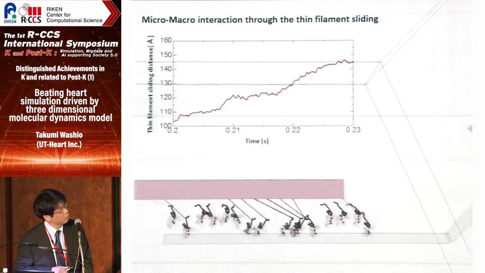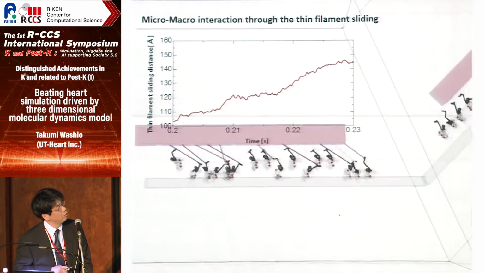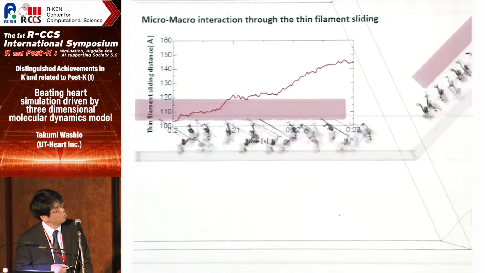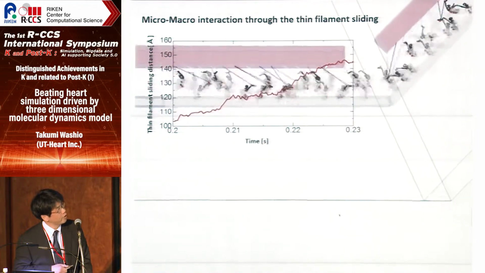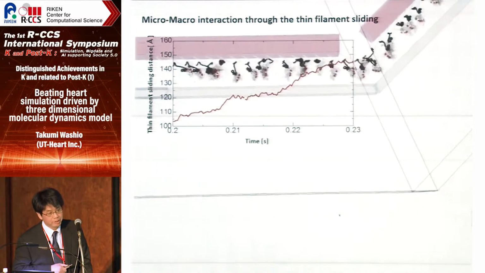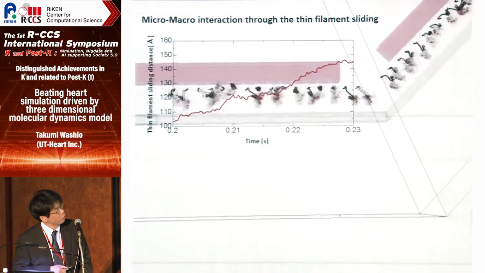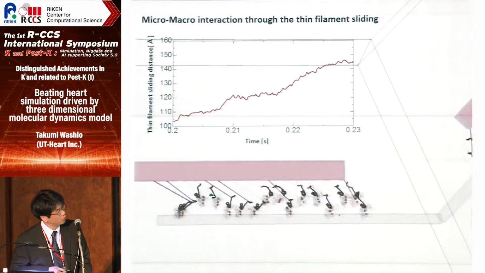Here I show some history of the shortening of this sarcomere. Of course, in the contraction phase, it increases gradually, but you can see here it also includes a lot of back steps.